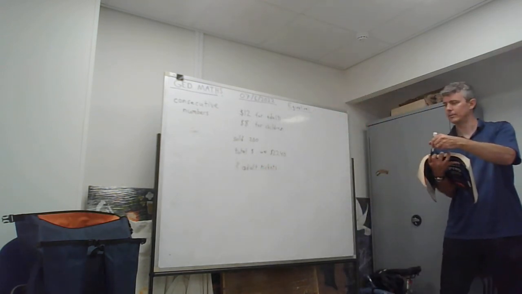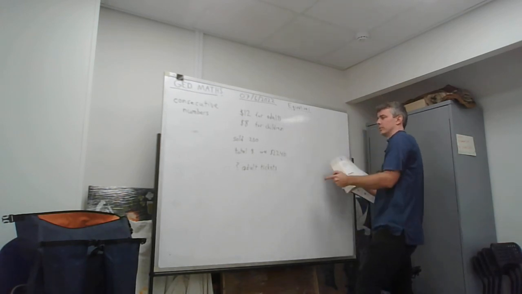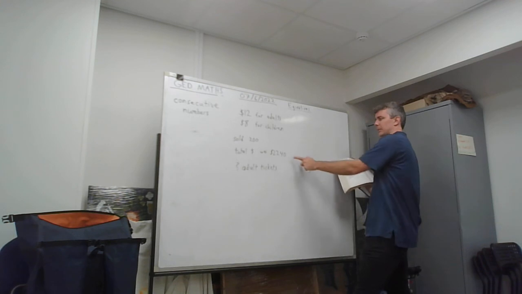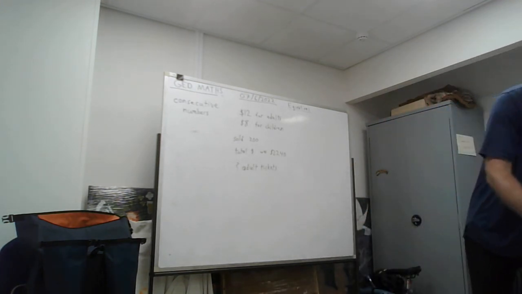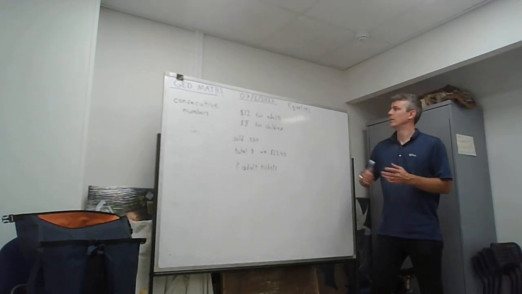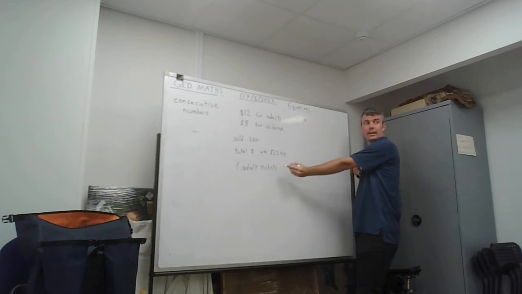All right, so we have $12 for adults, $8 for children. We sold 200. Total money was this. How much is the adult tickets? So what we can say here is, let's make X what we're trying to find, right?